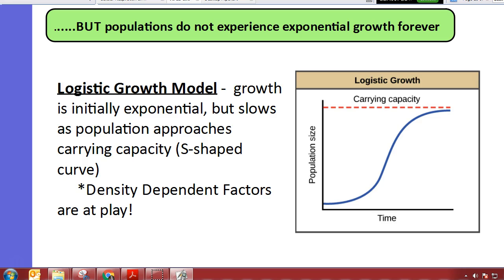So we have what's called the logistic growth model, this S-shaped curve that they typically end up showing. Our limiting factors are more at play.